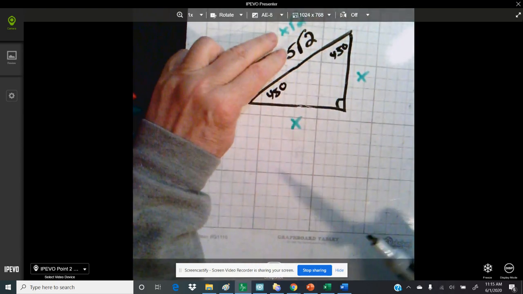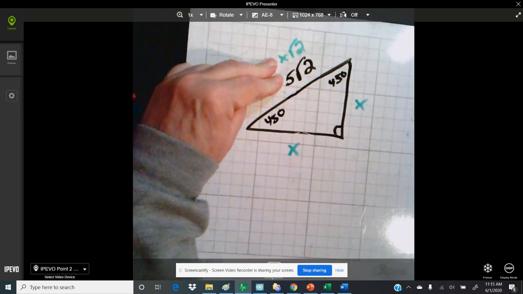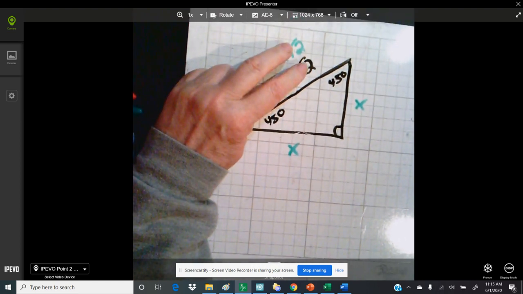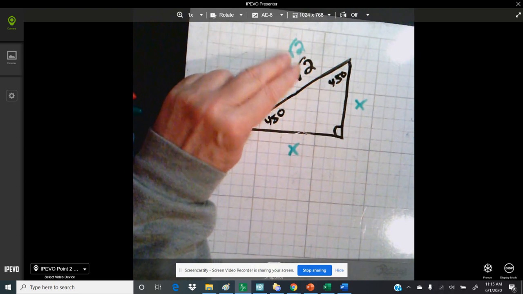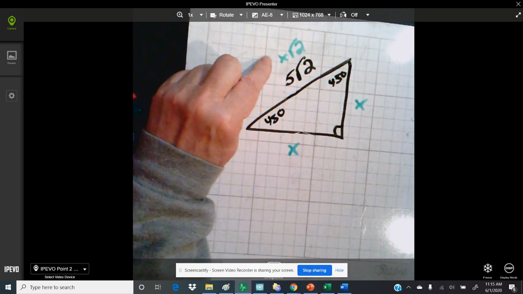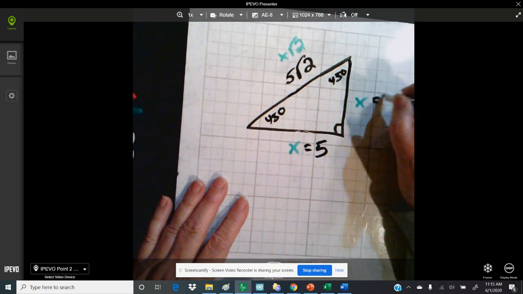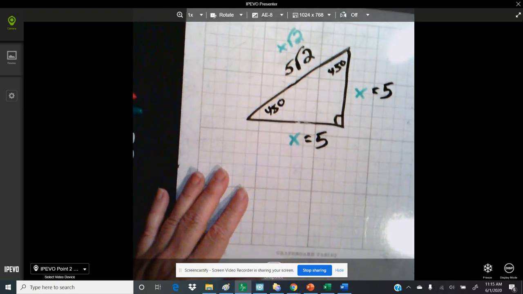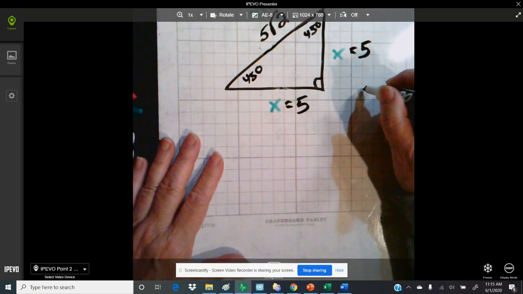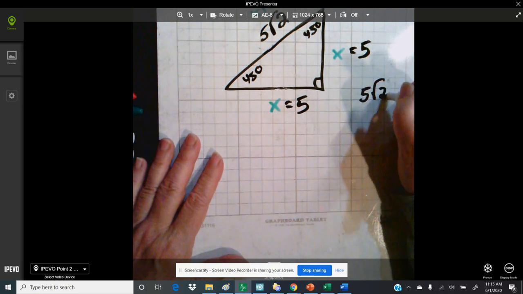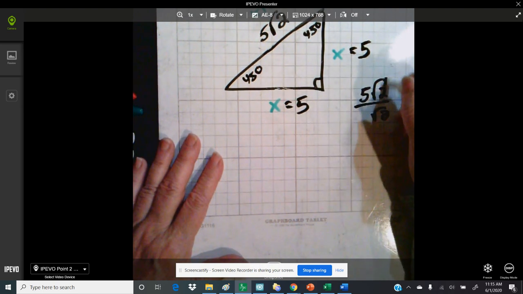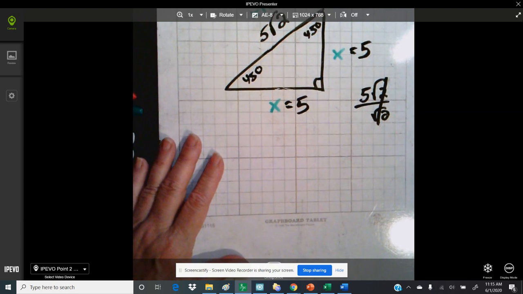You can compare these, and they both have the square root of 2. So if I divide out the square root of 2, I know that X has to be 5. So this side has to be 5, and this side has to be 5. What you're really doing is taking 5 times the square root of 2 and dividing out that square root of 2 to give you the 5.